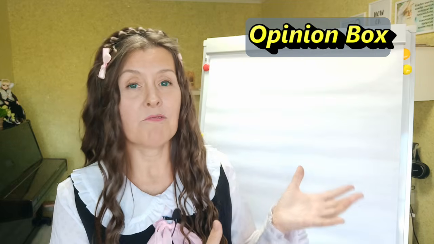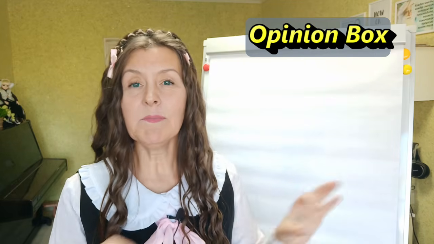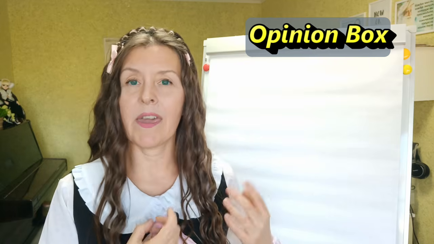For the next game that is called a box of likes and dislikes or opinions box, prepare a box or a bag and fill it with slips of paper. On every slip of paper there should be one word, one noun, indicating a thing, an activity or a character that your students are familiar with.